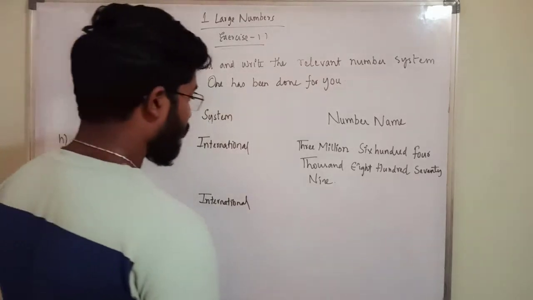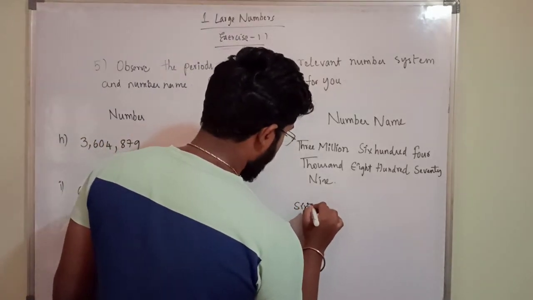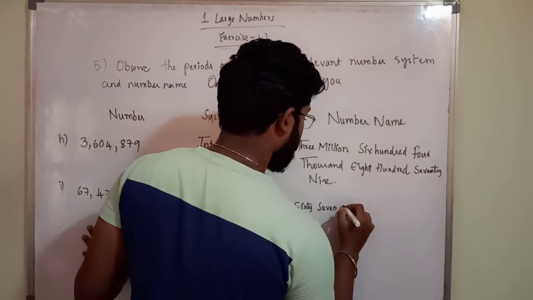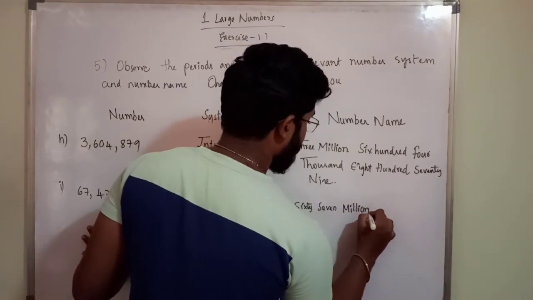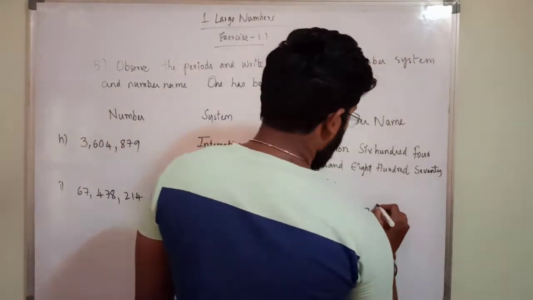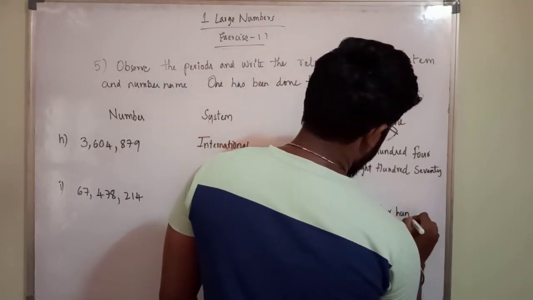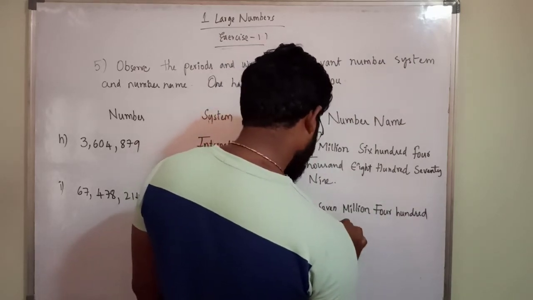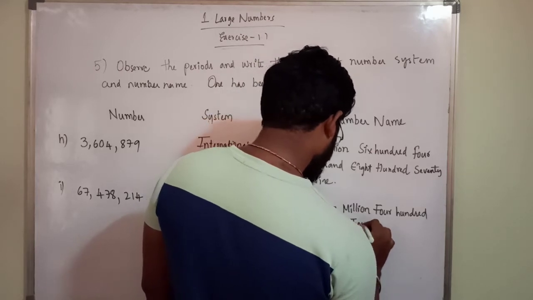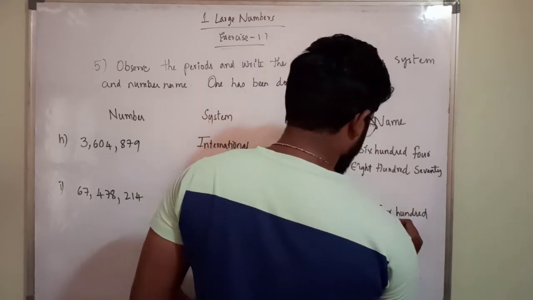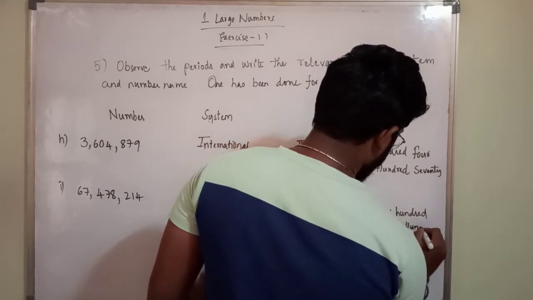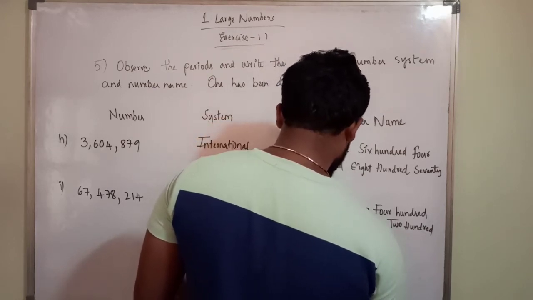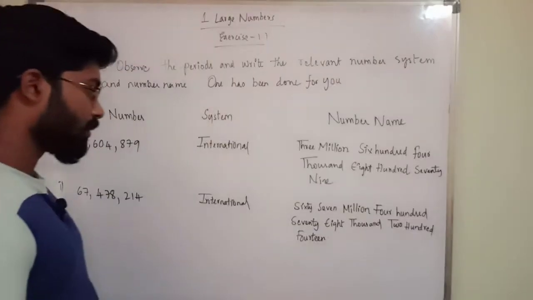What is the number name? 67 million, sorry, 67,478,214. So this is the number name.